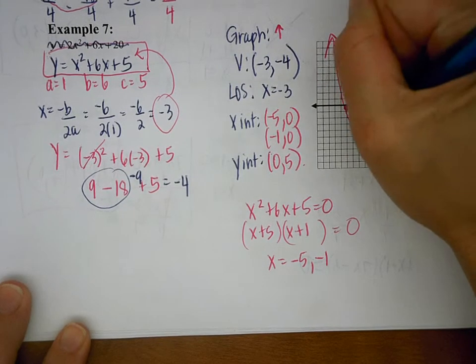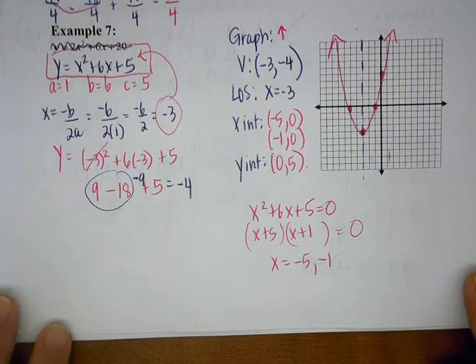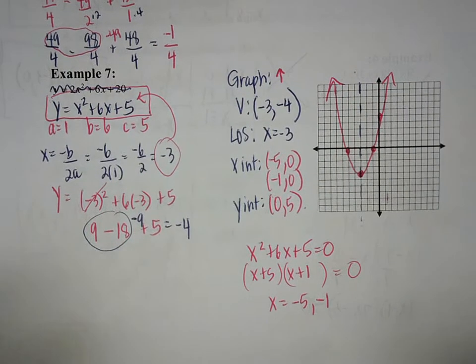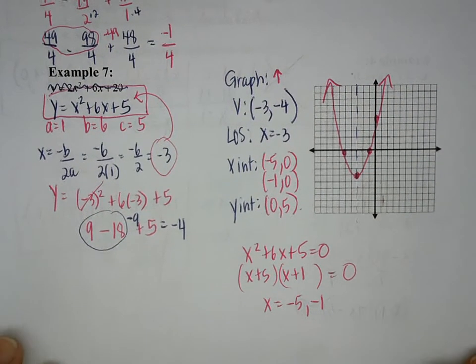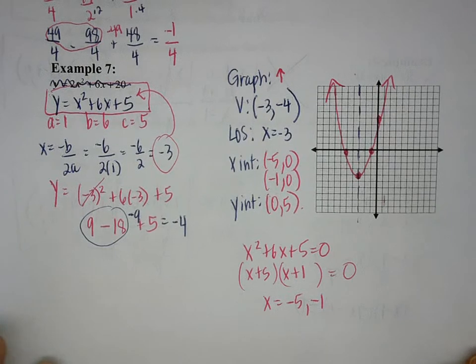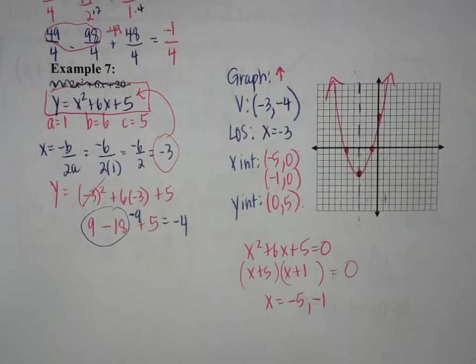Okay. So, it's also going to ask you what the maximum or minimum value is. So if you looked at this graph, what do you think the maximum or minimum value is?